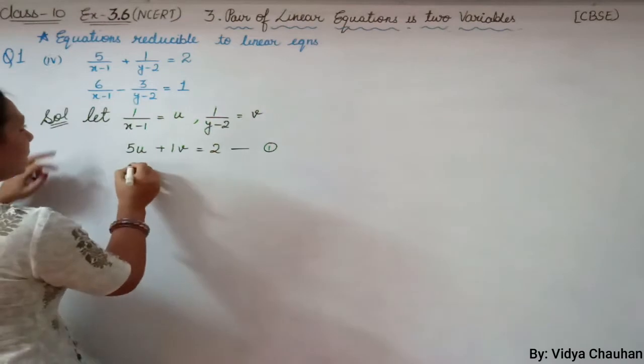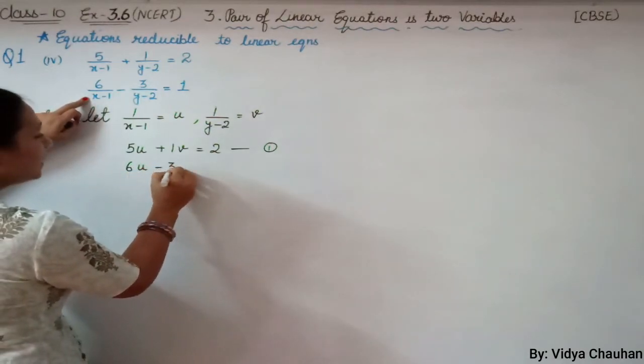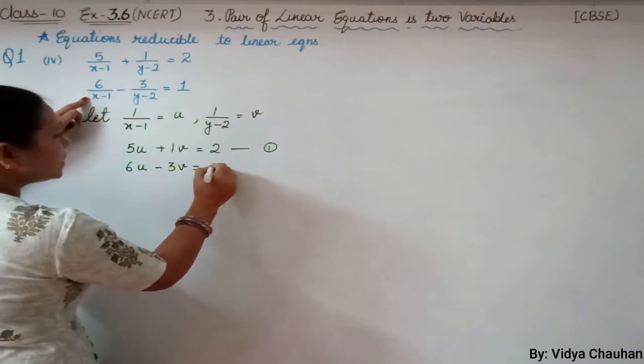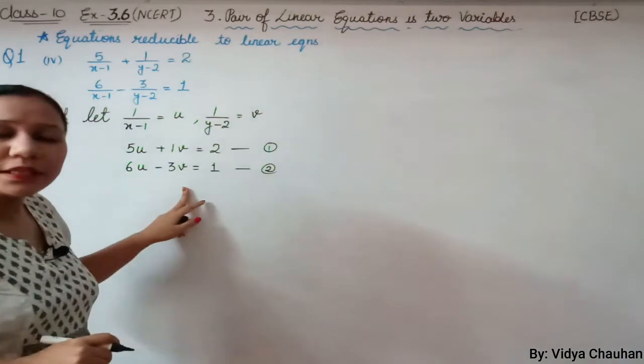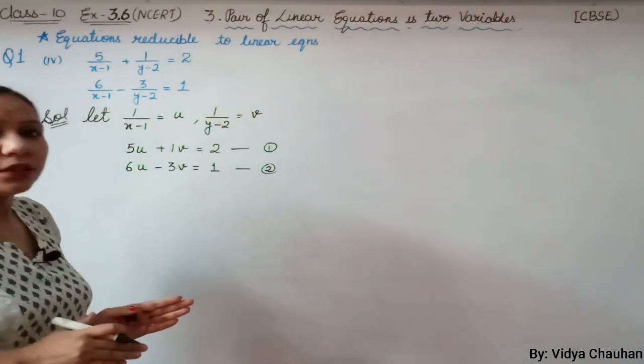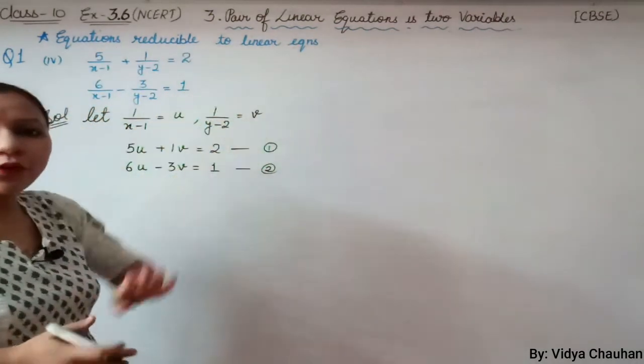Similarly, the second one will be 6u minus 3v equals 1. This is how you can reduce any such equations to the linear form.